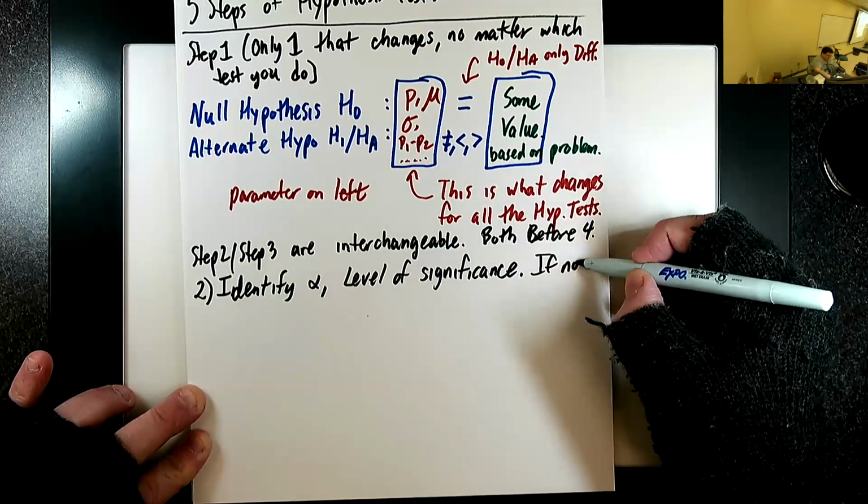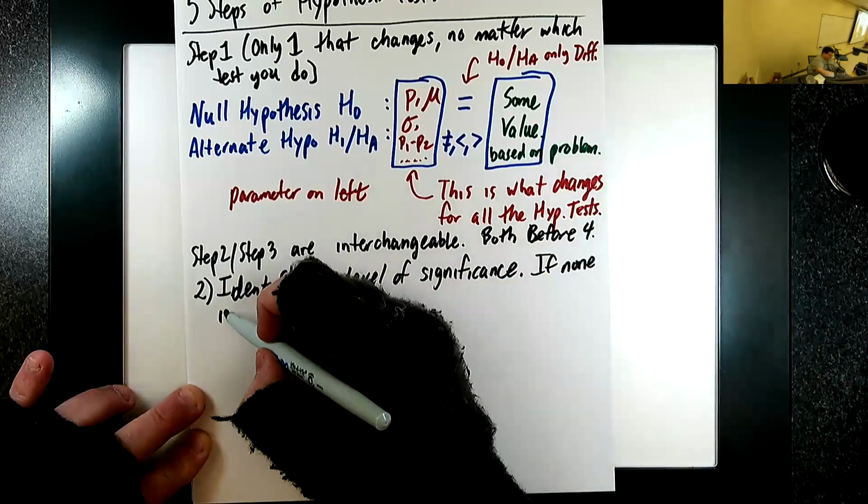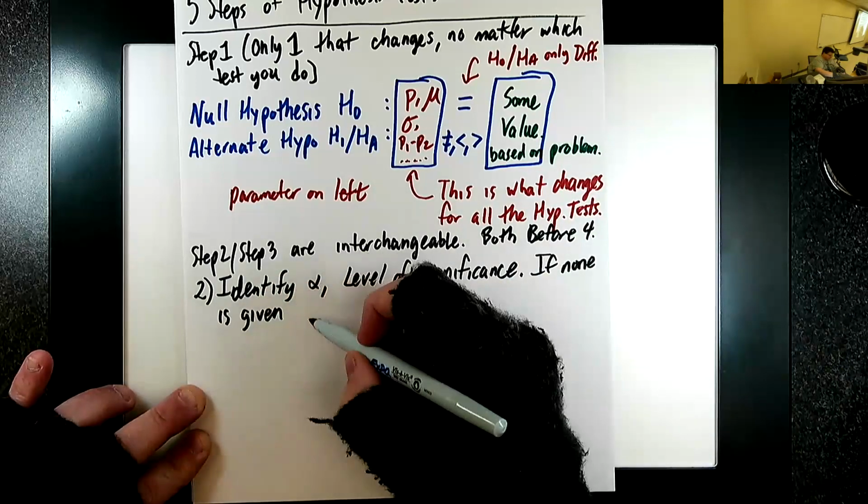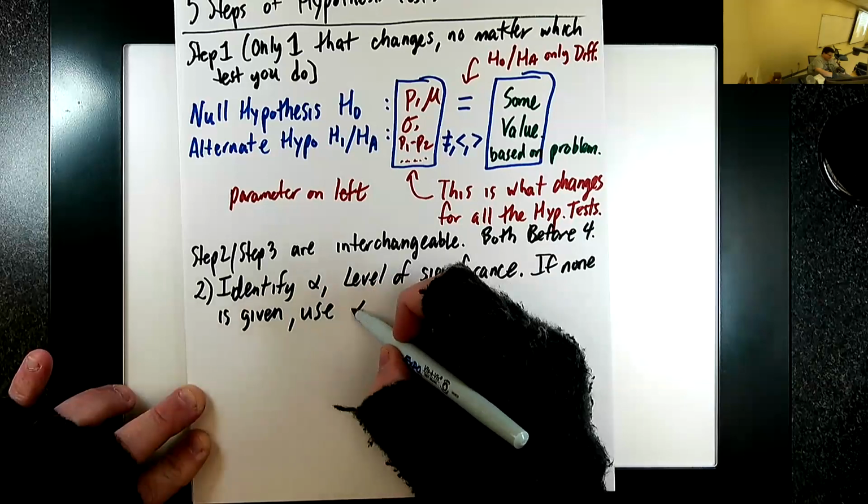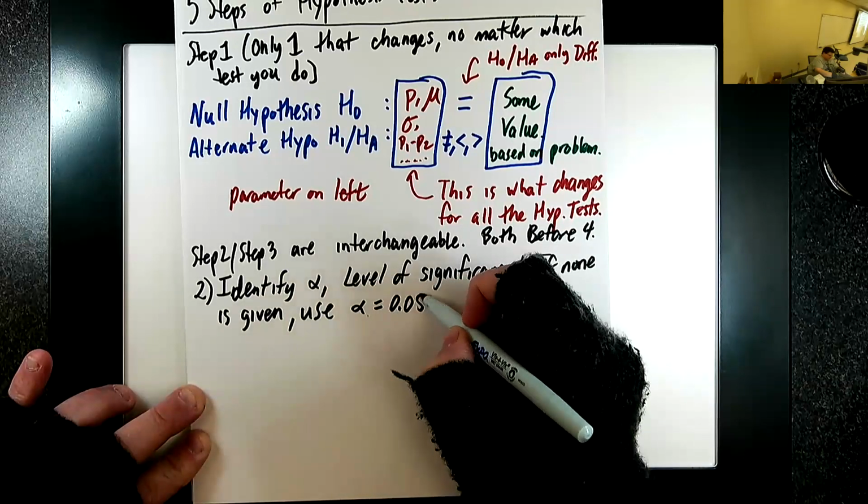If none is given, use alpha equals 0.05.